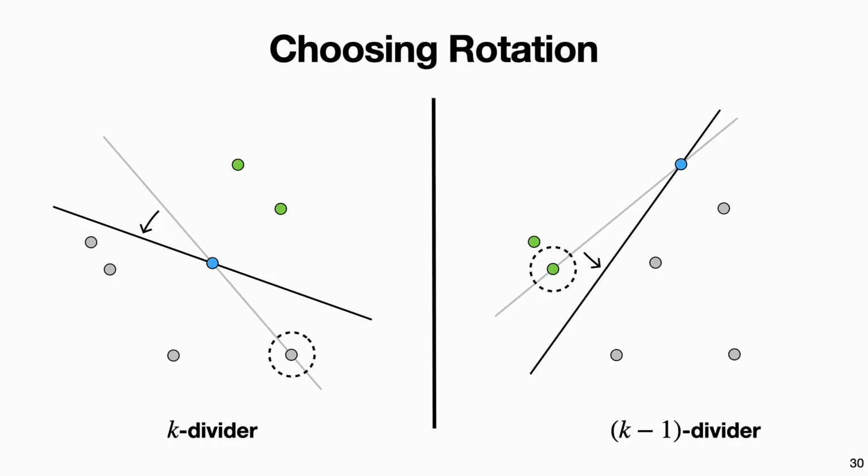And we can see in this case that the intermediate dividers we show here that will appear during the rotation will now always have k points in their exterior. And after we find the next point, the result can be either a k or k minus 1 divider again, depending on what type of point we found next. But we now have a way of handling k minus 1 dividers by choosing the rotation.